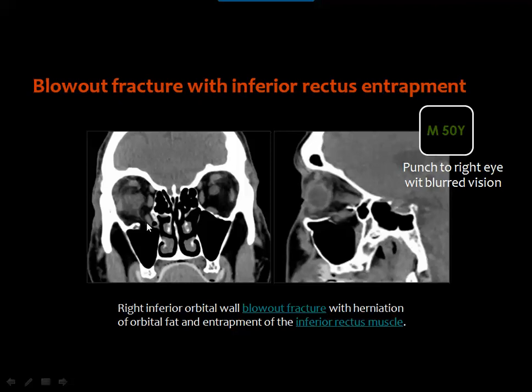You should look for the state of the inferior rectus muscle in any case with maxillofacial fractures involving the orbit, because if there is a rupture of the orbital floor, this muscle may herniate into the maxillary sinus and become entrapped within the fracture edges, or incarcerated. Then urgent surgery is needed to release the muscle to prevent diplopia.